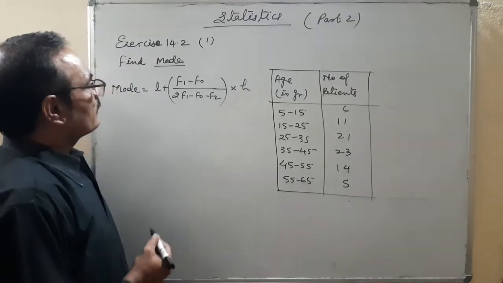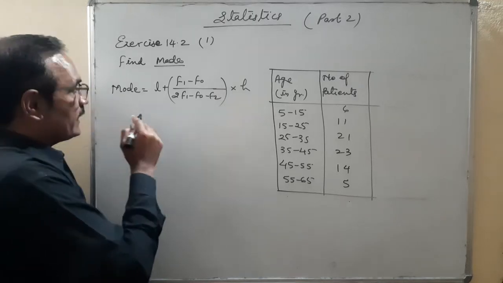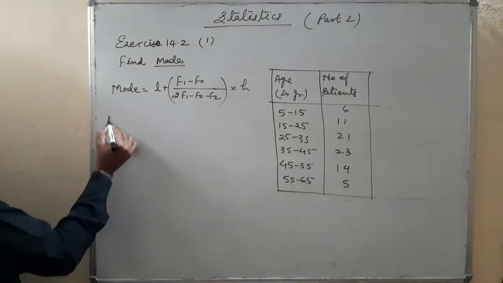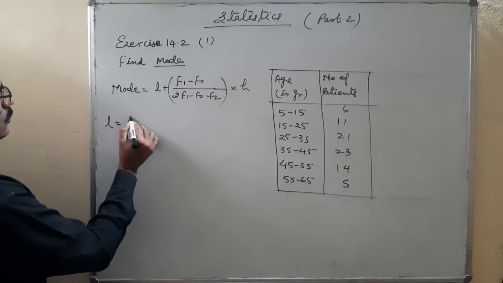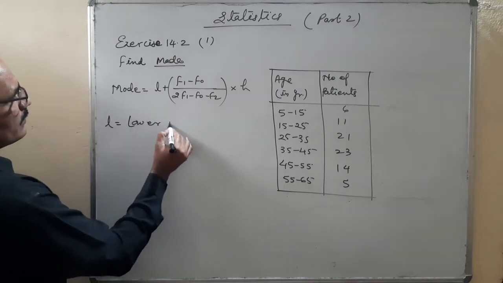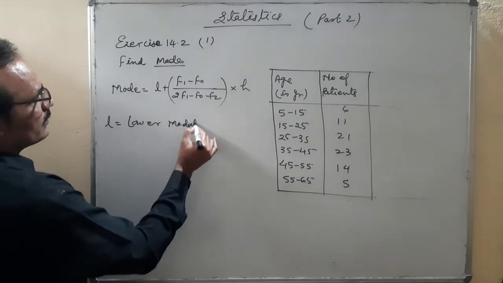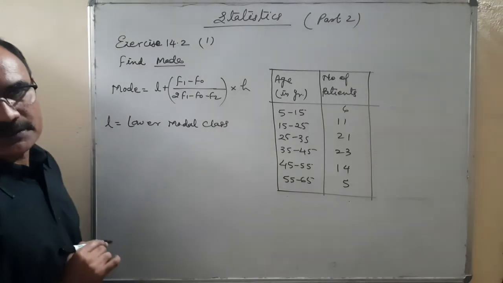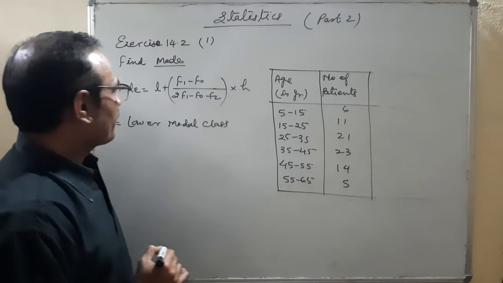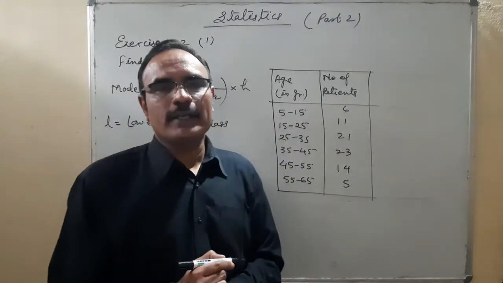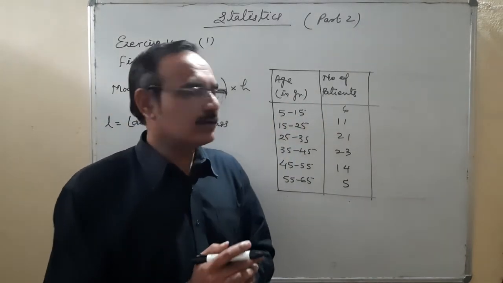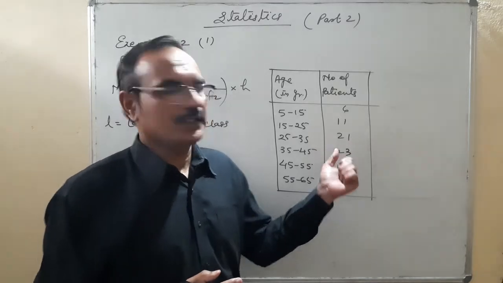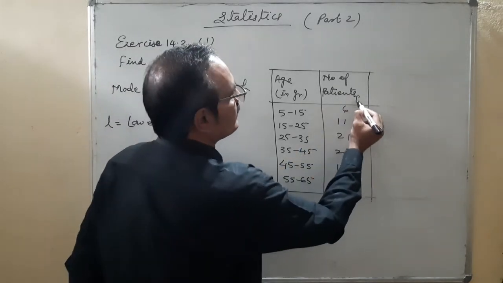L is equal to the lower limit of the modal class. Now let us see how to find the modal class. What is the definition of mode? Maximum frequency. This is the frequency fi.